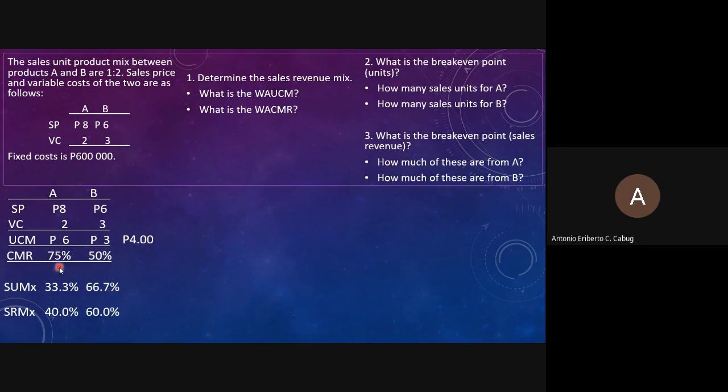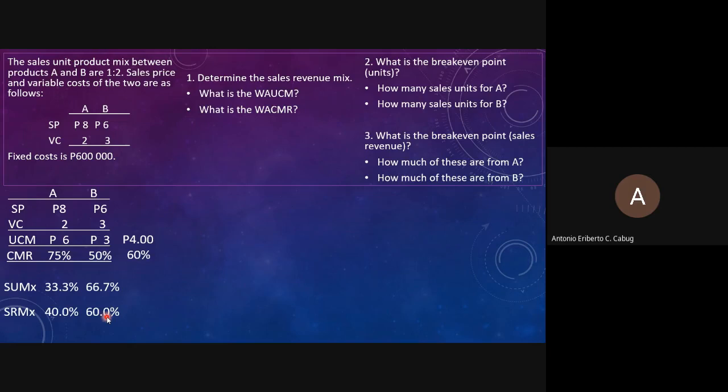Next, the CMR: 0.75 for A, and 0.50 for boy. For the weighted average CMR, you will use the revenue mix. 0.75 times 0.4, 0.3. 0.5 times 0.6, 0.3. 0.3 plus 0.3, 60% or 0.6.